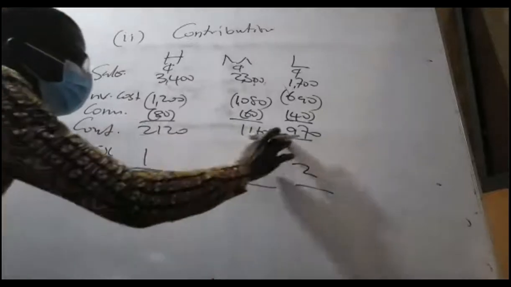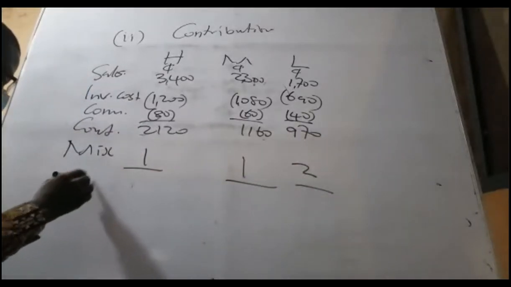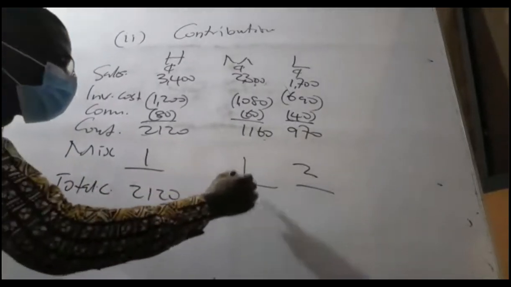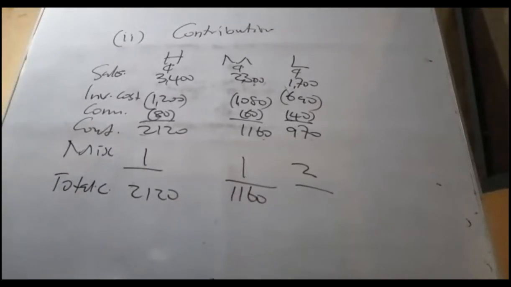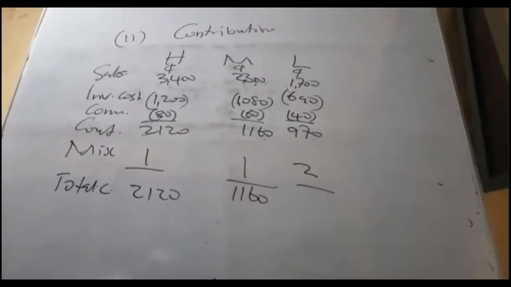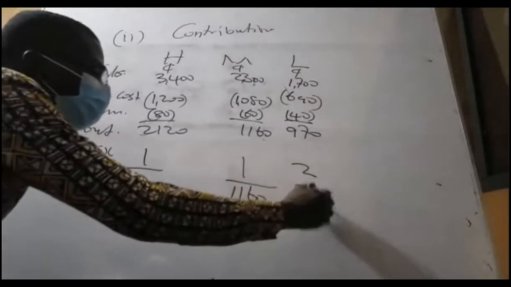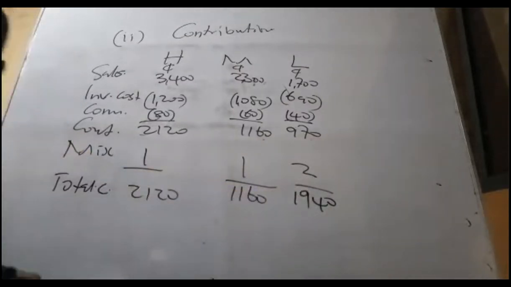So therefore, the total contribution will be 2120, 1160, 970 by 2, which gives us 1940. Okay, so 1940.